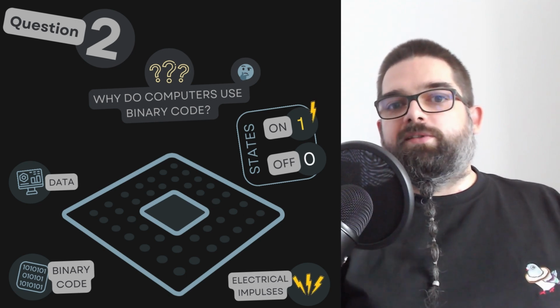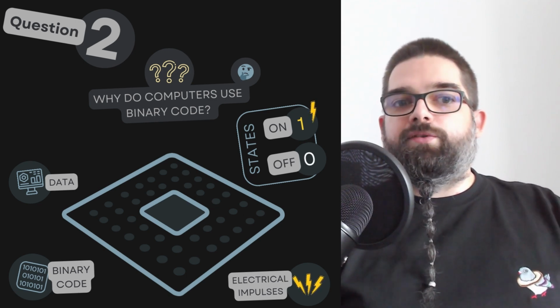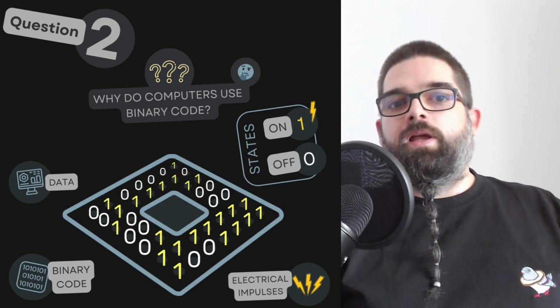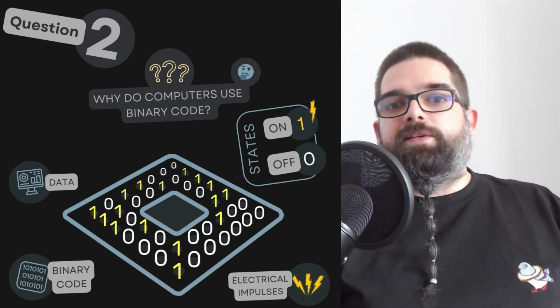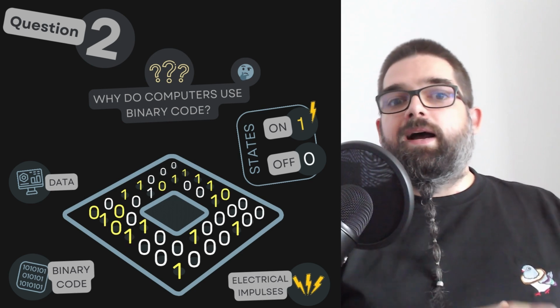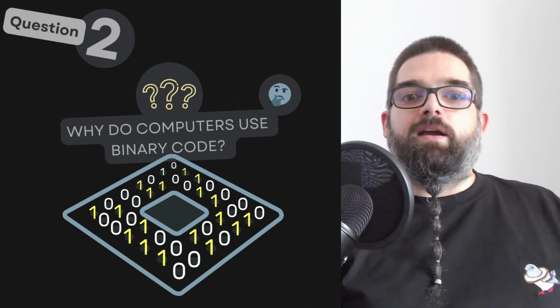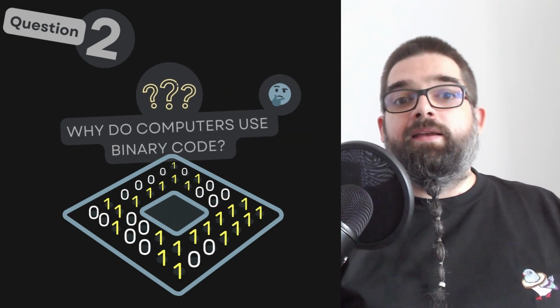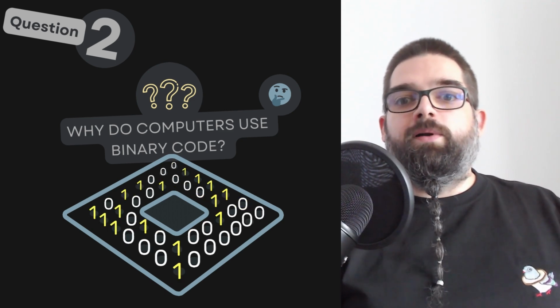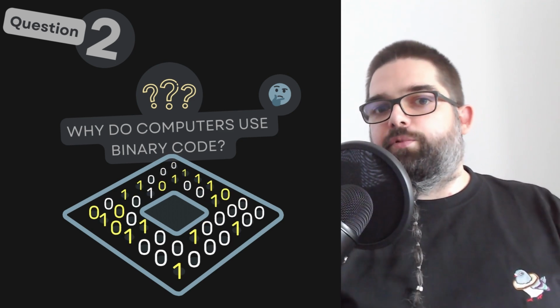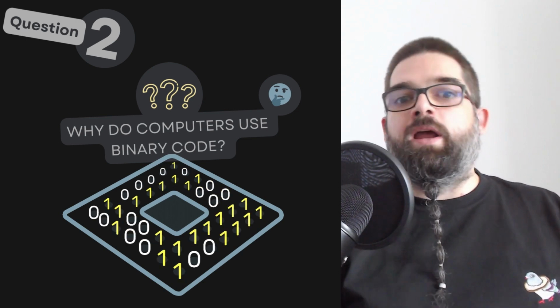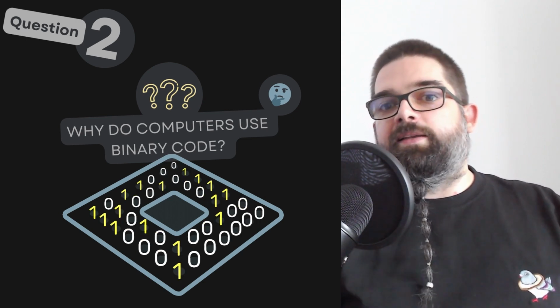By using those simple operations, a computer can process and store information. Combination of many of these 0 and 1 states allows computers to perform complex tasks in a blink of an eye, making possible activities like running programs, playing videos, or browsing your favorite websites on the internet.